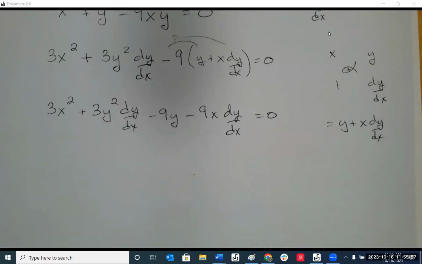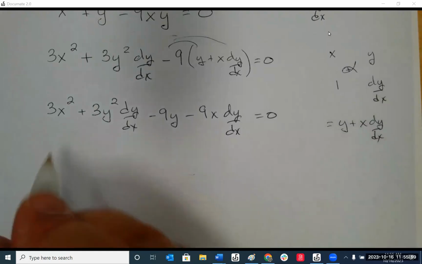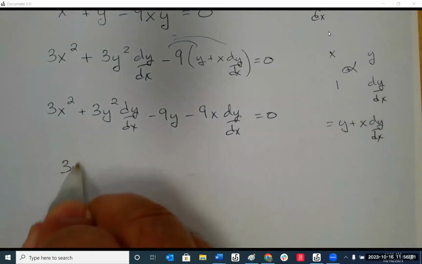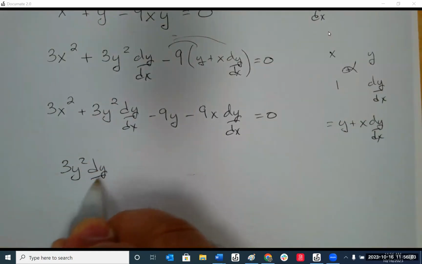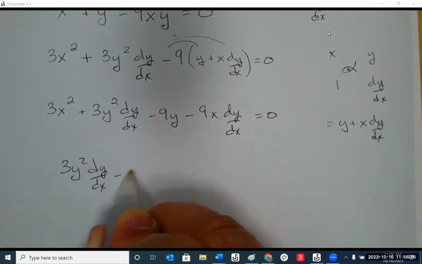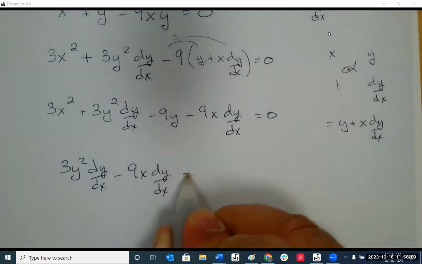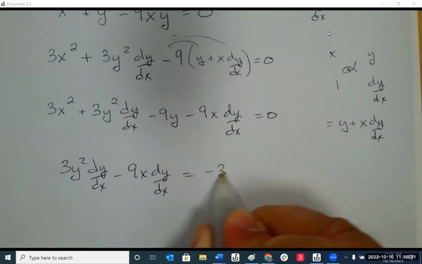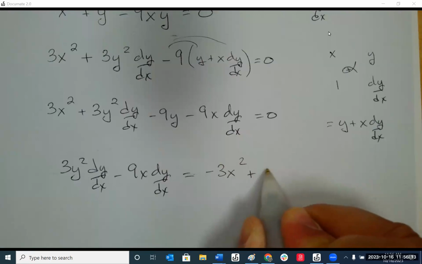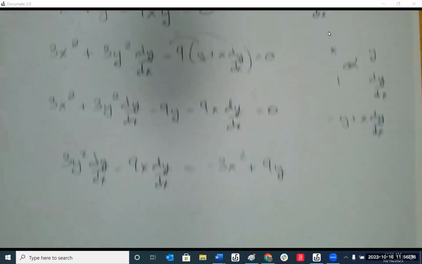Now you get rid of everything that's not dy dx on the other side. So on this side, we'll keep 3y squared dy dx minus 9x dy dx equals negative 3x squared plus 9y.